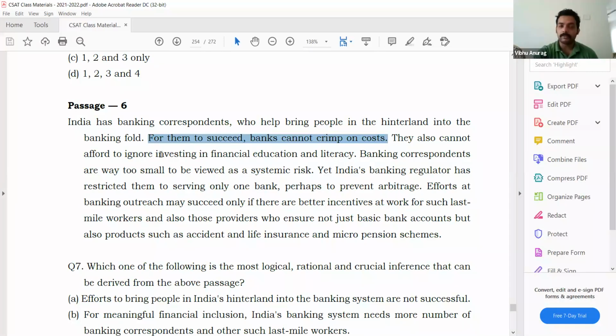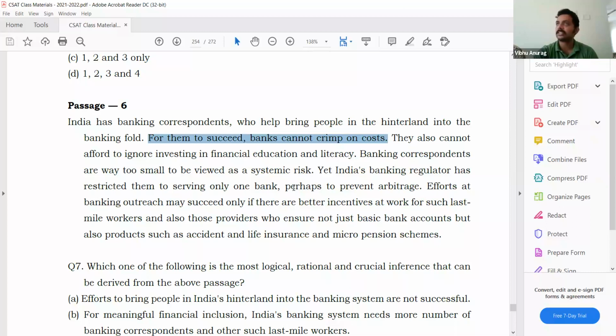Yet, in spite of them being very small, India's banking regulator has restricted them to serving only one bank, perhaps to prevent arbitrage.